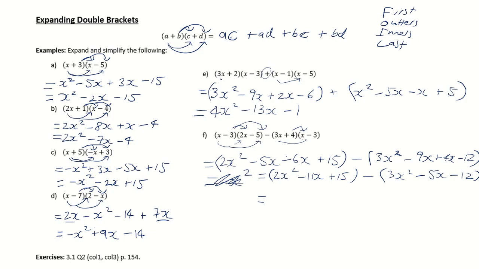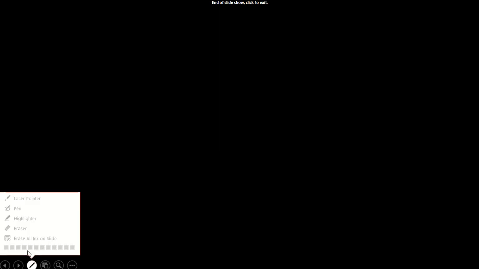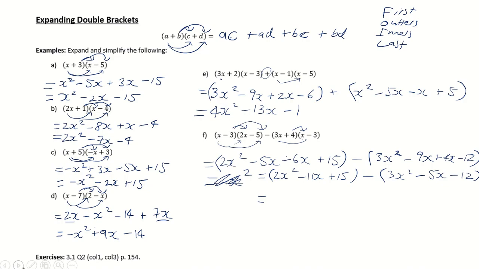So 2x squared take 3x squared is negative 1x squared. Now, negative 11x take negative 5x. Well, take a minus is plussing.